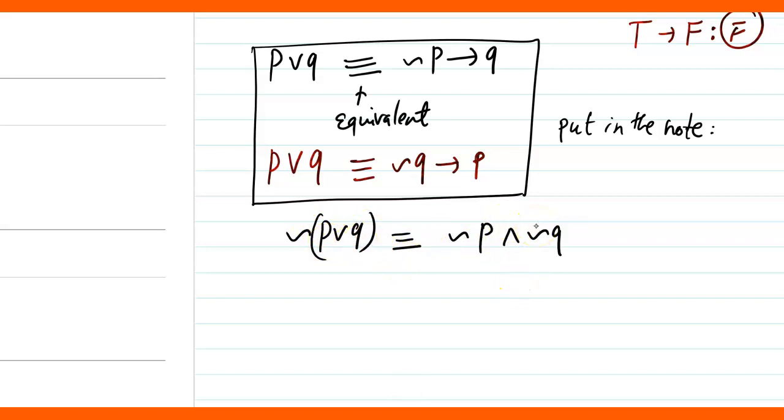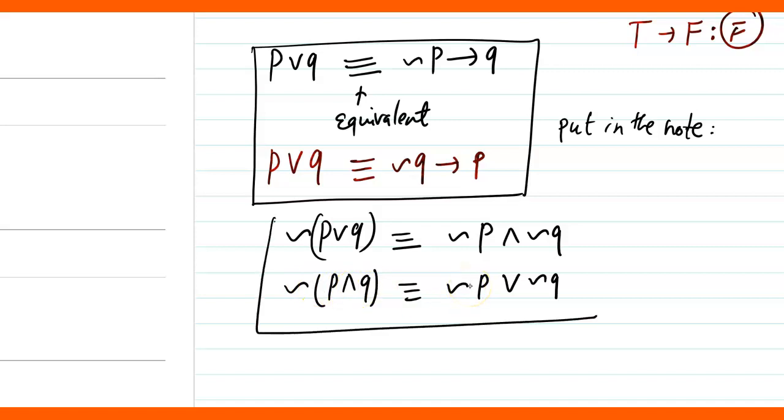Now the other way around, not (P and Q) is equivalent to not P or not Q. You see here, if you have and, you change that to or when you negate each statement.